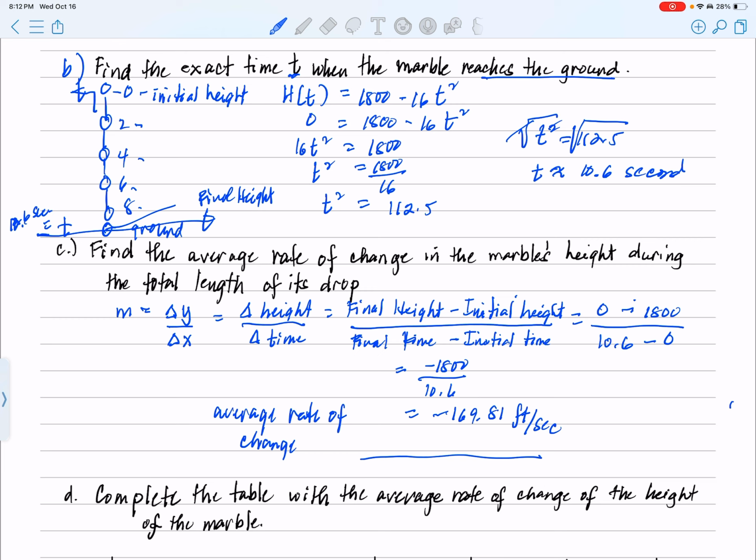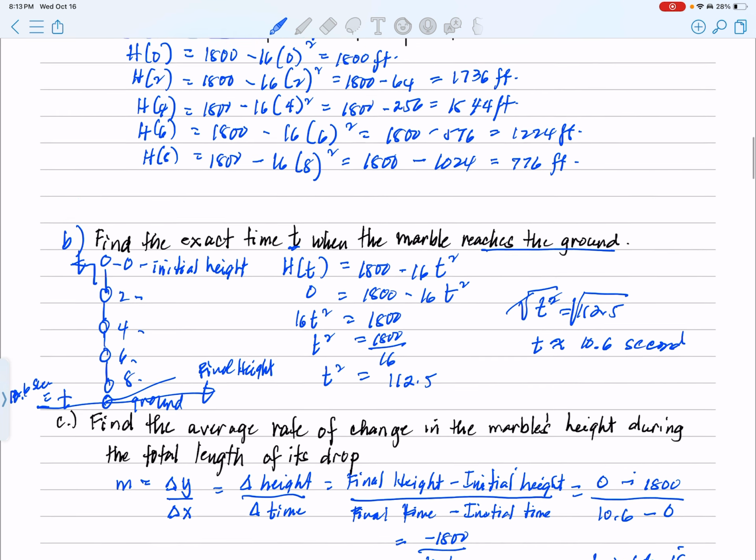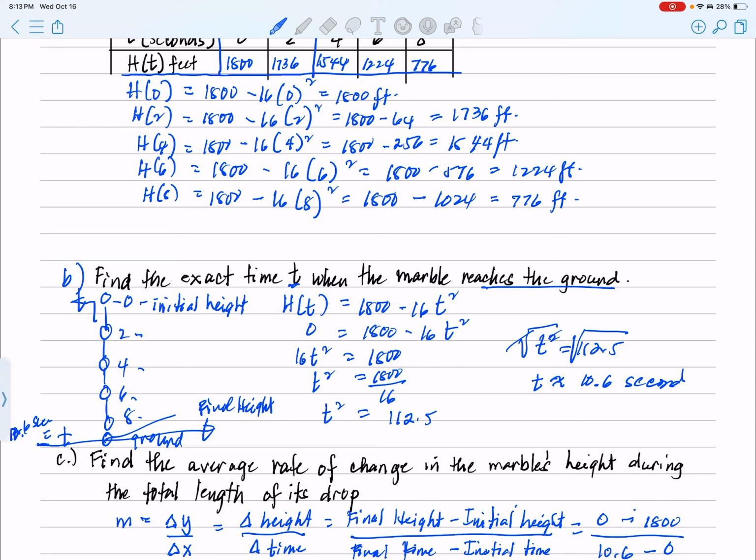Why is it negative? The negative sign indicates the height is decreasing, right? As the marble falls. Imagine we have the height here. When it's 2, it's 1736.